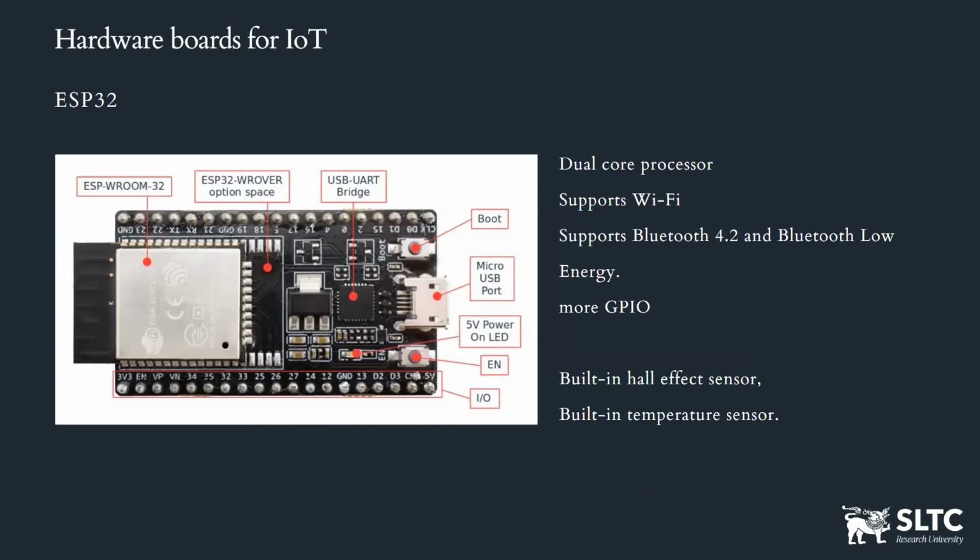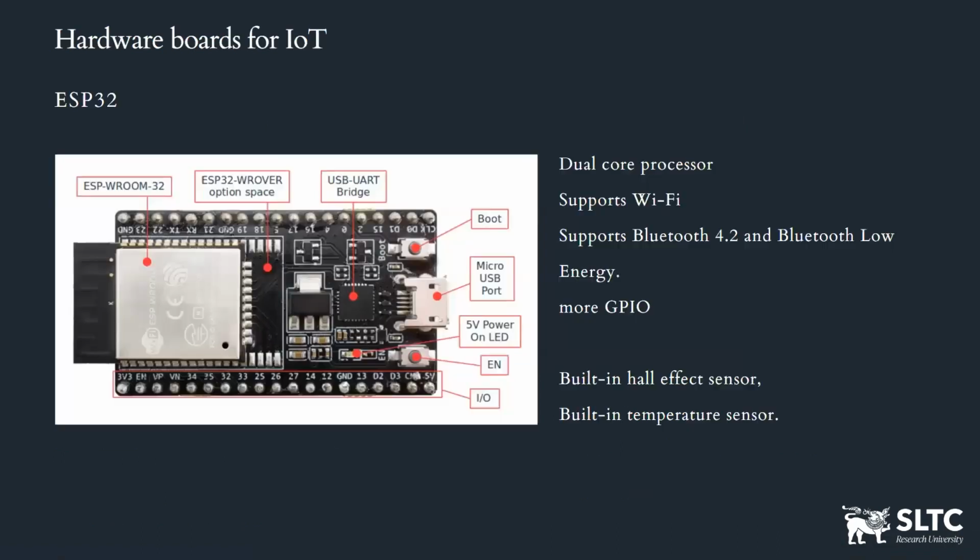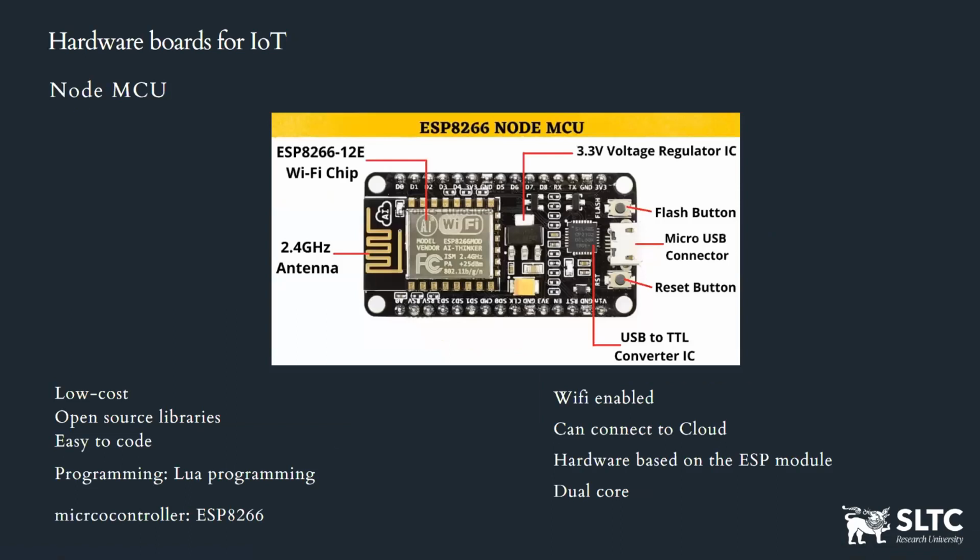Some advantages are there. In terms of data processing power, dual core processing power is there in both cases, in both this one and this one. They both have a dual core processor, but one advantage here is that there are more pins in this ESP32 microcontroller compared to the previous one.